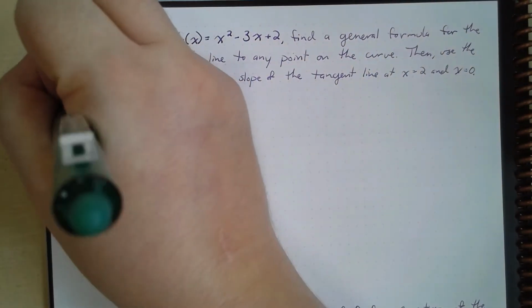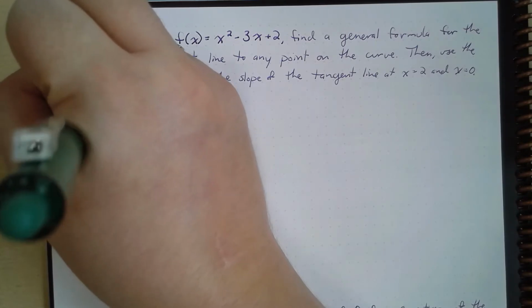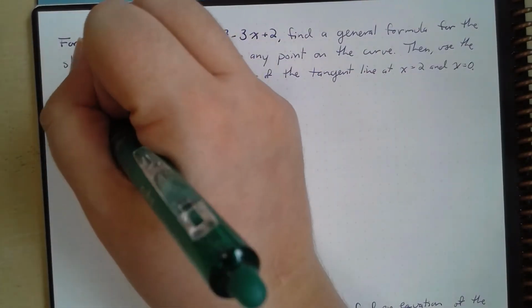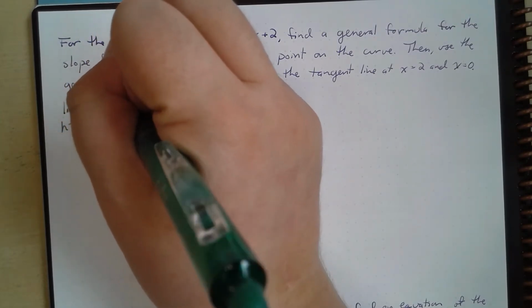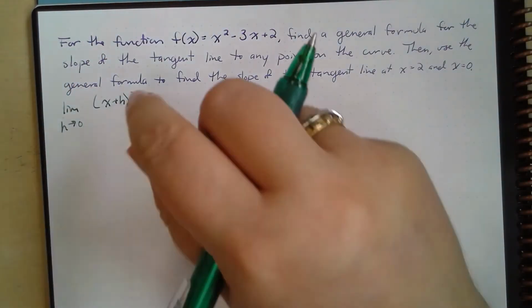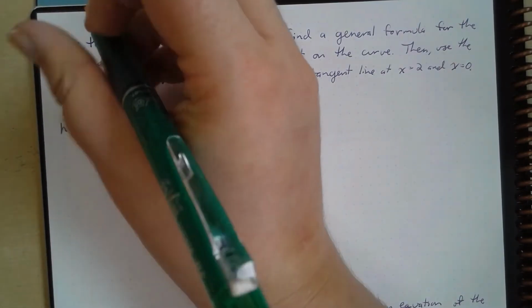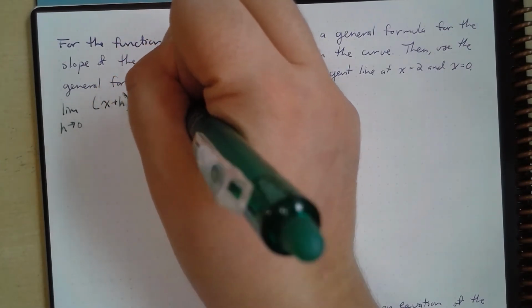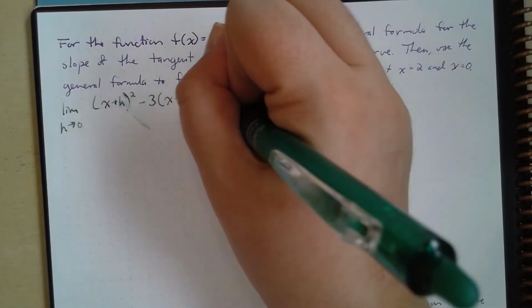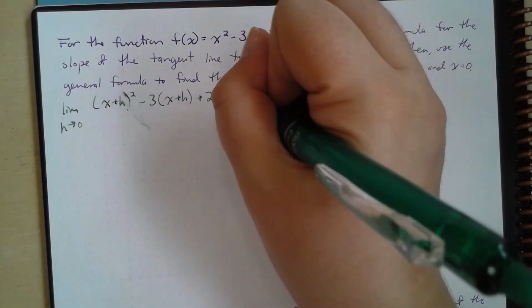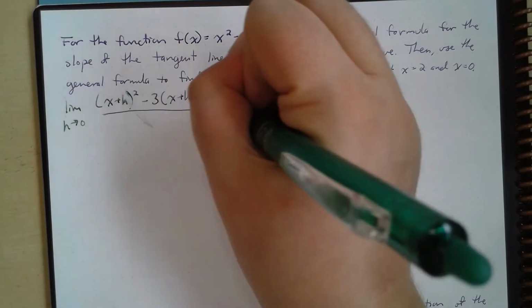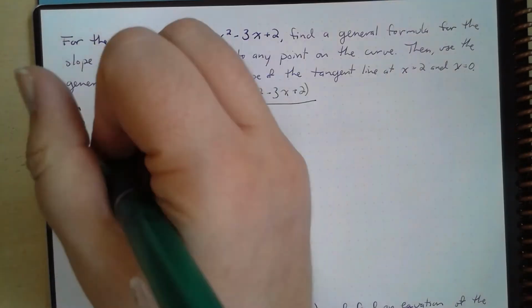So the limit as h approaches 0 of, we've got what here? X plus h cubed, nope, squared, thank goodness. Cubed would be kind of a bit of a nightmare for us. X plus h squared minus 3 times x plus h plus 2 minus x squared minus 3x plus 2, all over h.